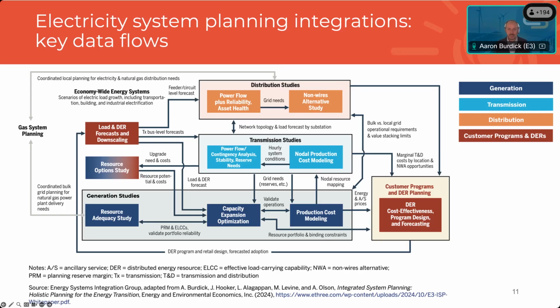And then you have all of these informing customer programs and DER planning. So that includes looking at cost effectiveness for program design. It also includes forecasting customer adoption of these types of resources informed by the value that they can provide to the grid.